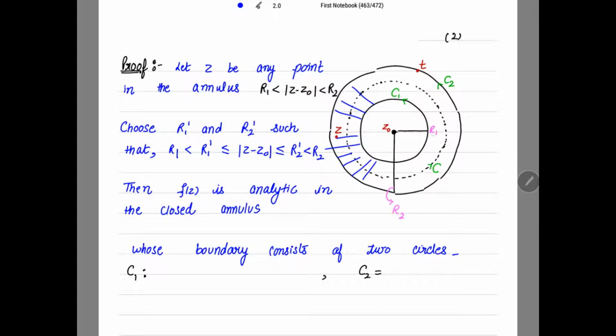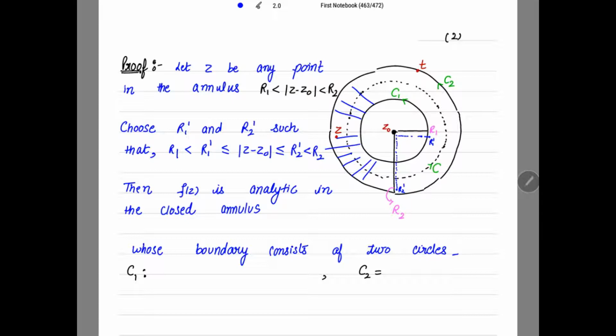And I take r1 dash just slightly greater than this r1, up to here. And r2 is greater than r2 dash. That means my r2 dash lies over here, slightly less than and very close to this r2. I take here r2 dash.